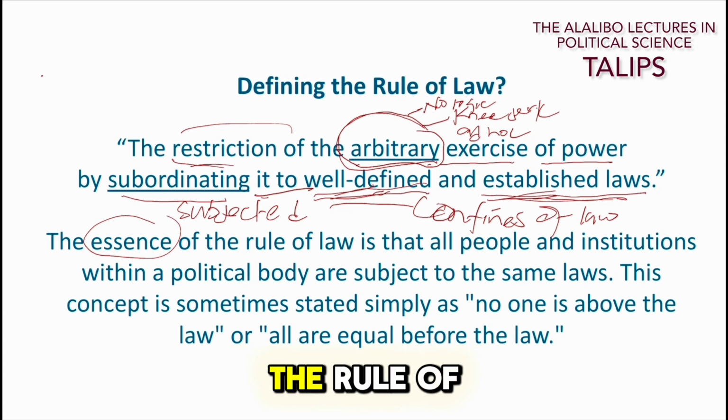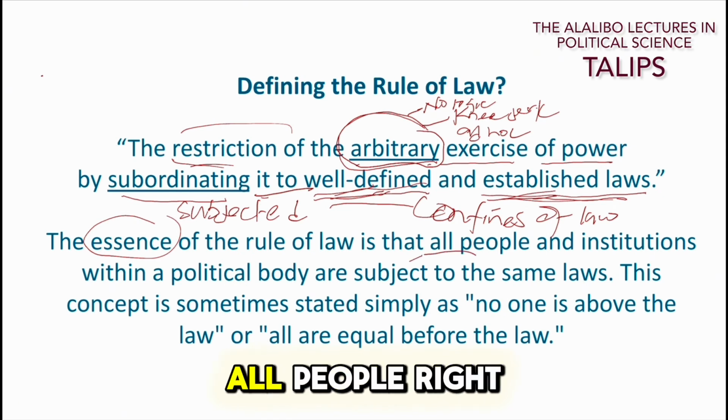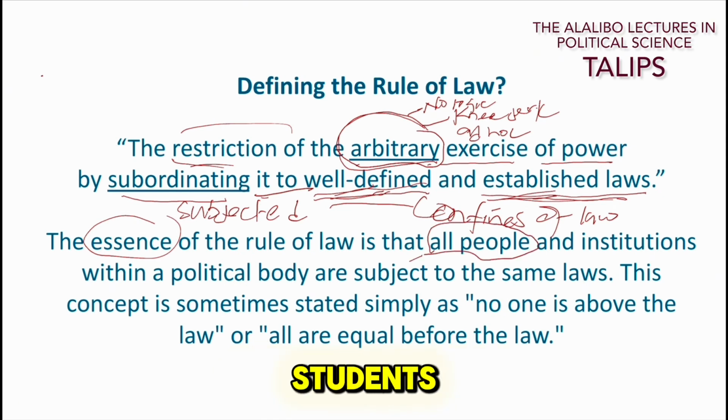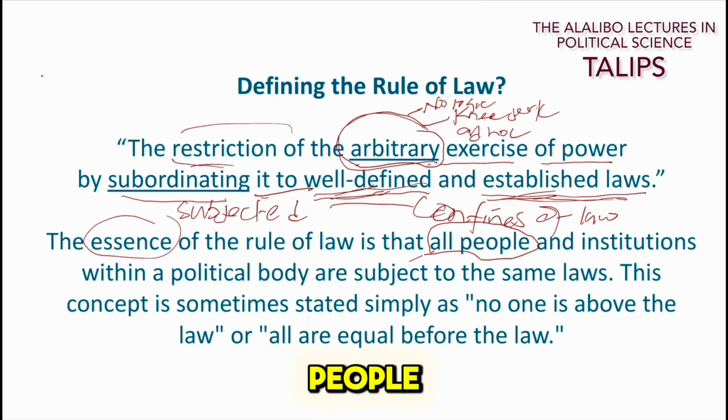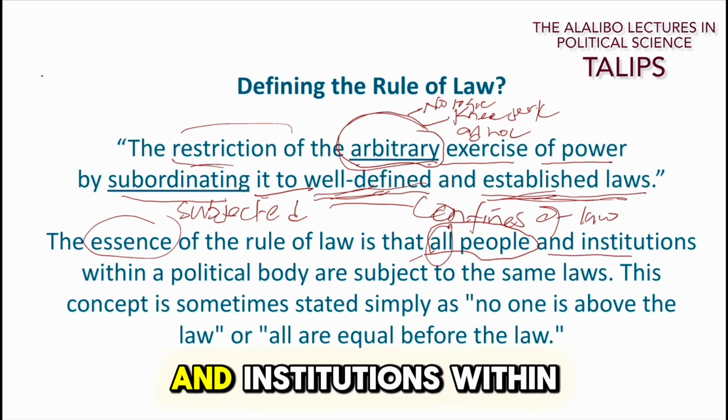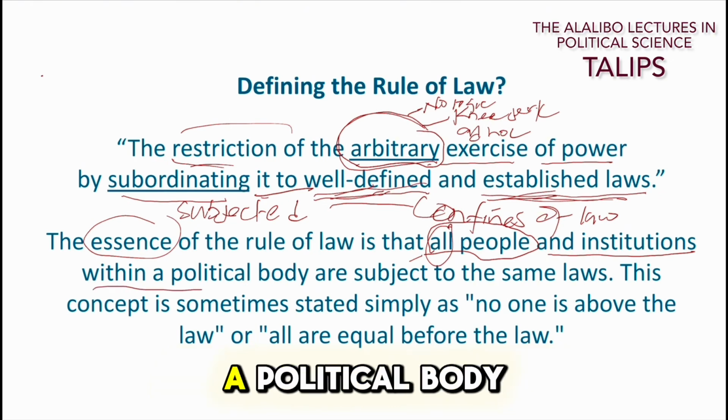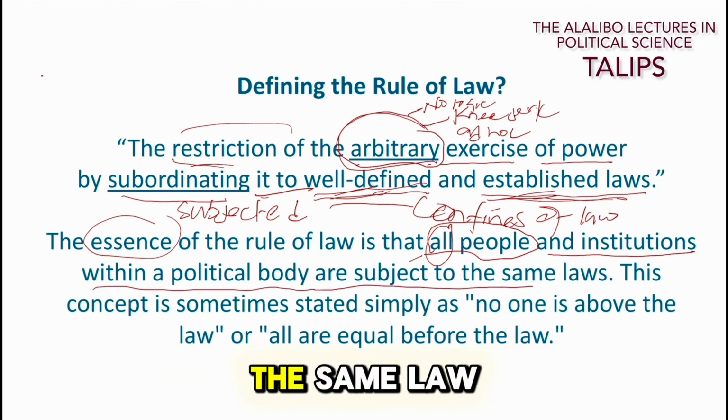The essence of the rule of law is that all people, right, students? It didn't say some people. It didn't say half of the people. It didn't say 90% of the people. It didn't say 10% of the people. It says all people and institutions within a political body are subject to the same law.